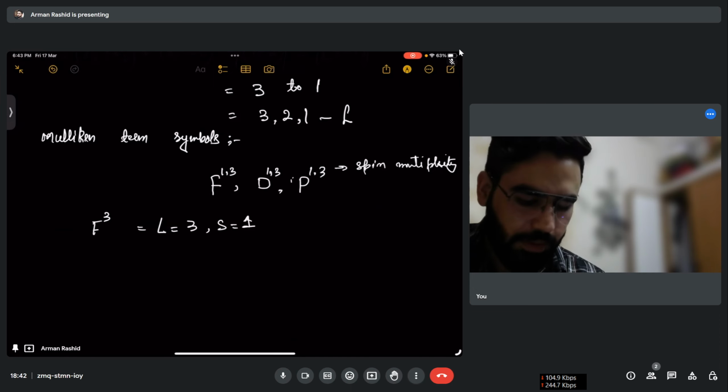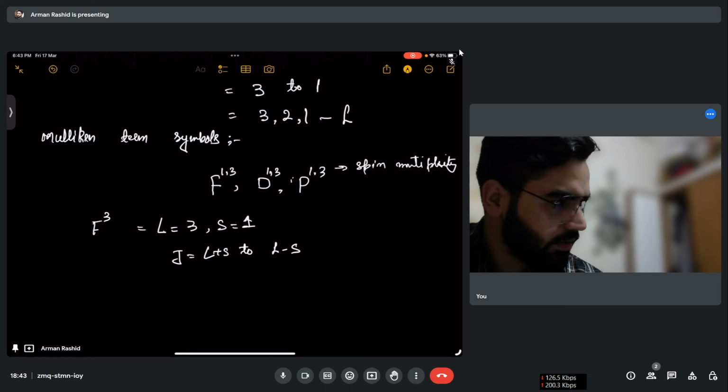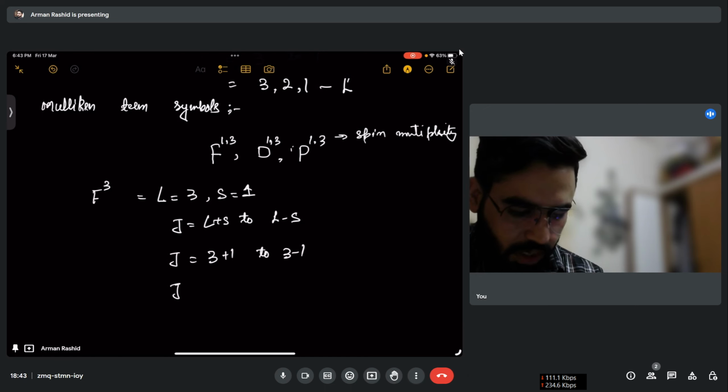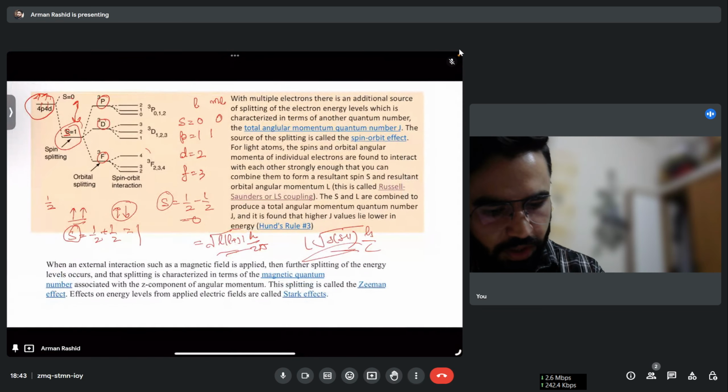This is spin multiplicity. Then total J will be from L plus S to L minus S. So J will be from 3 plus 1 to 3 minus 1. 3 plus 1 is 4, then 3, 2. So in J we will have 4, 3, 2.